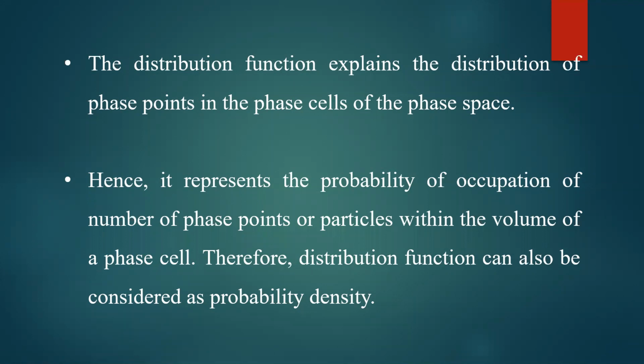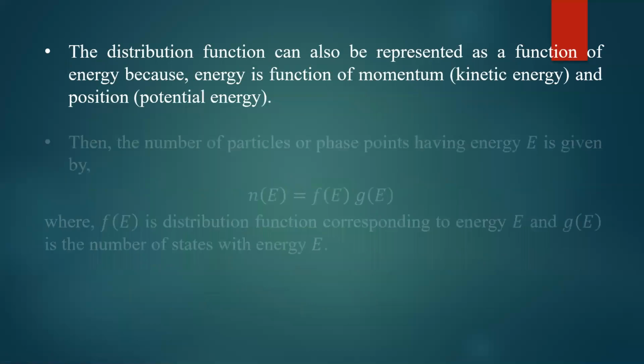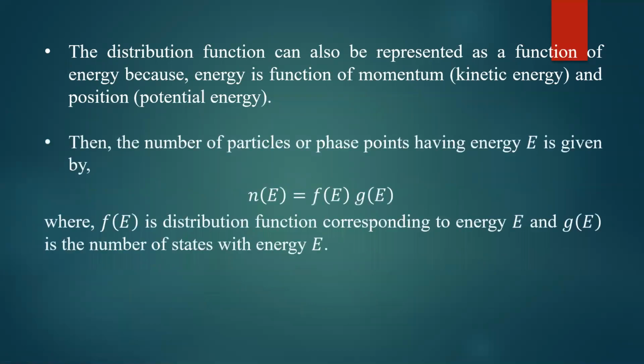So there are 3 types, which we'll study in the upcoming classes. So how can this distribution function be expressed as a function of energy? Distribution function can also be represented as a function of energy, because energy is a function of momentum and position.